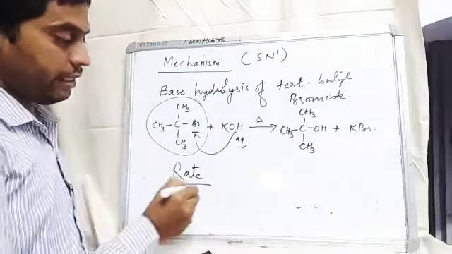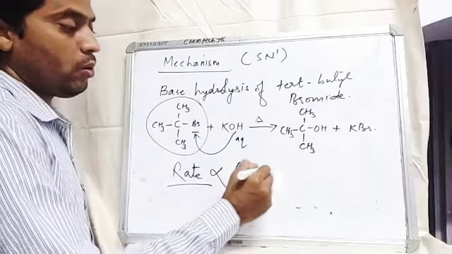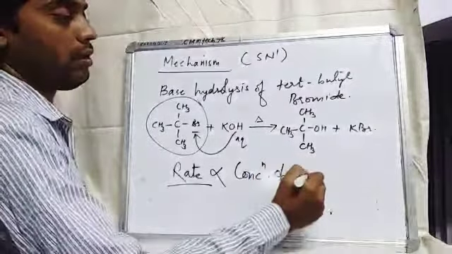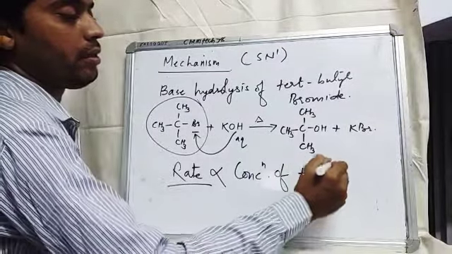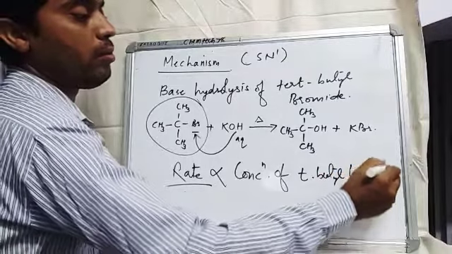Means we can say rate is directly proportional to the concentration of tertiary butyl bromide.